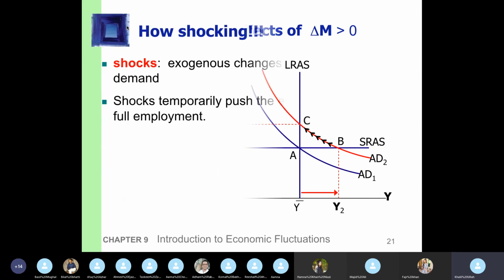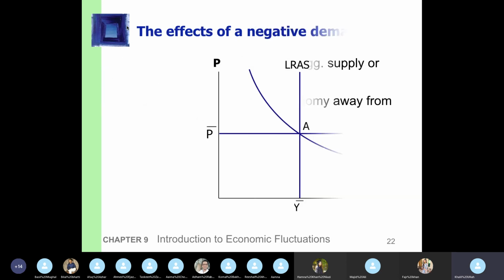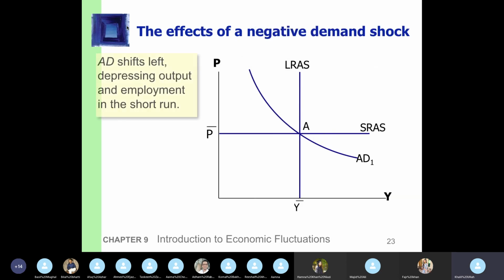The next couple of slides talk about shocks. Shocks are exogenous changes to the demand or supply that push the economy away from the long run equilibrium or full employment levels. A negative demand shock causes the aggregate demand curve to move back. Economy moves from point A to point B, GDP falls.